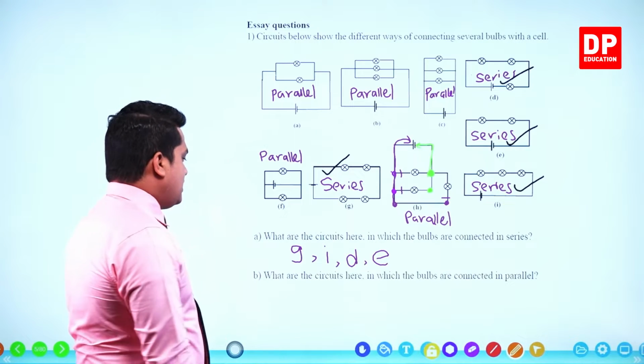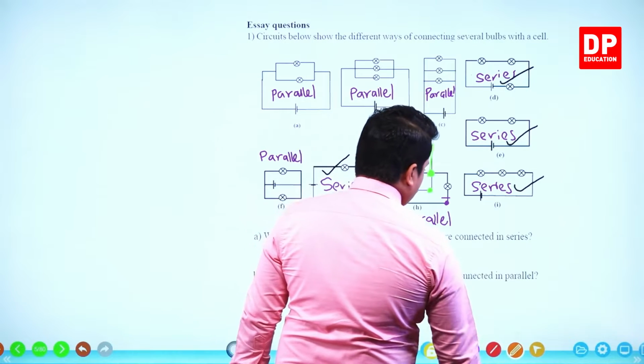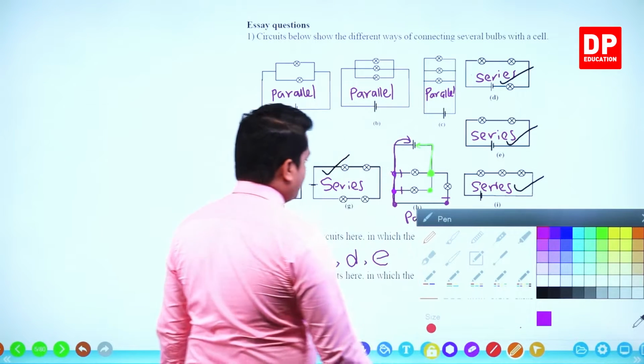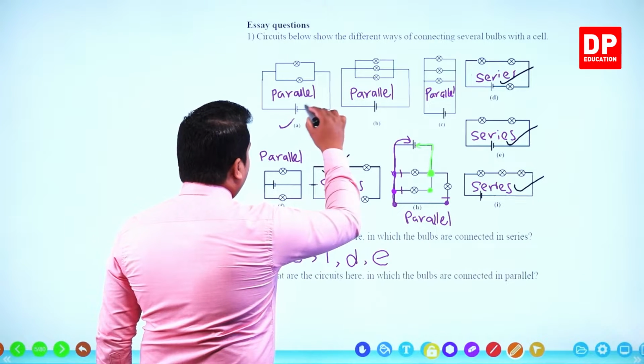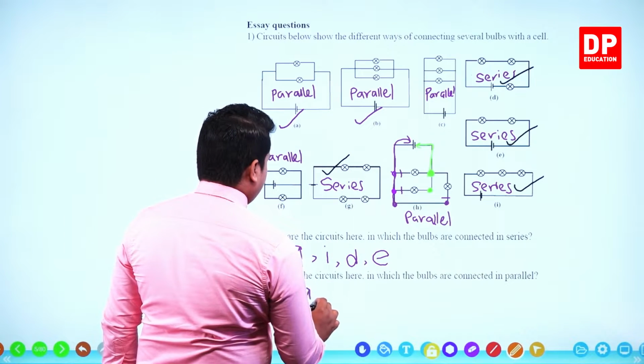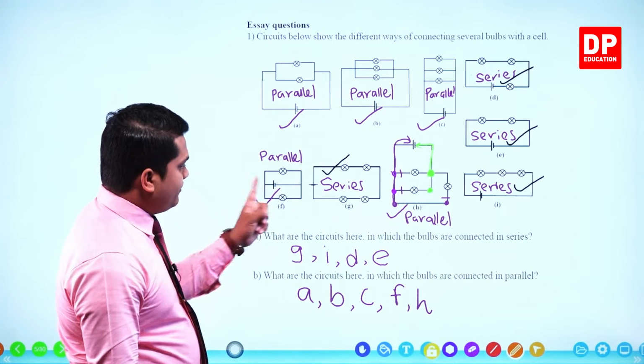What are the circuits here in which bulbs are connected in parallel? So the parallel connections can be identified in A, B, C, F and H. So there are 5. 1, 2, 3, 4 and 5.